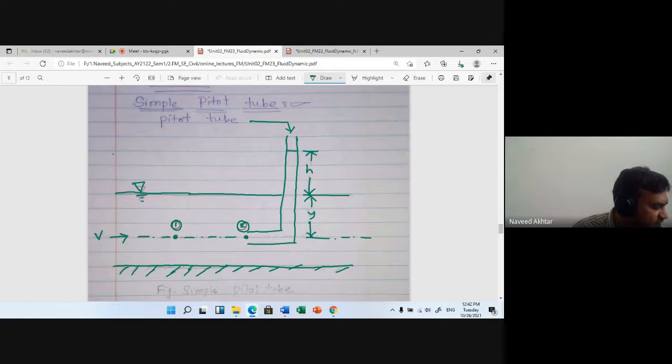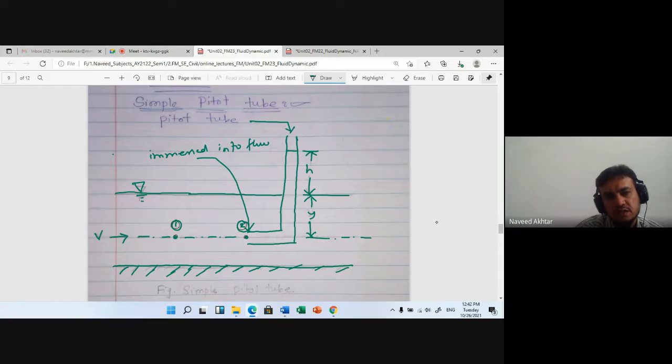Its one end is immersed in the fluid, facing the flow.